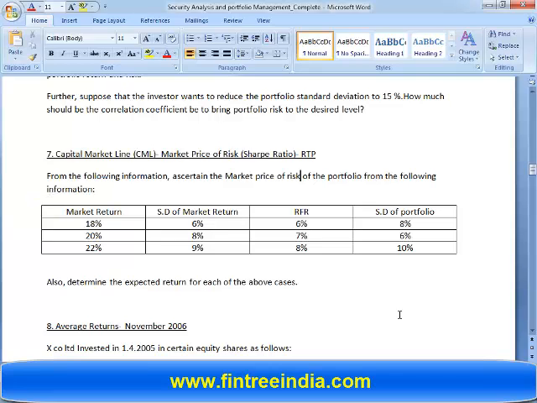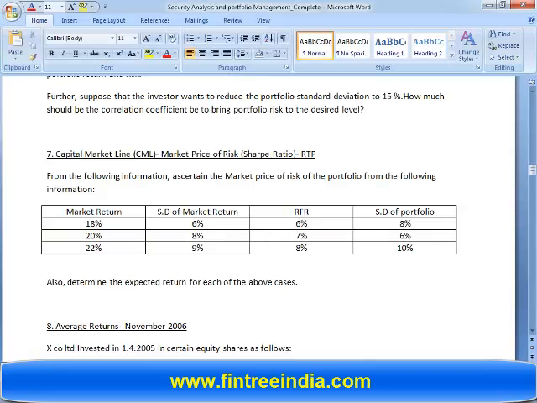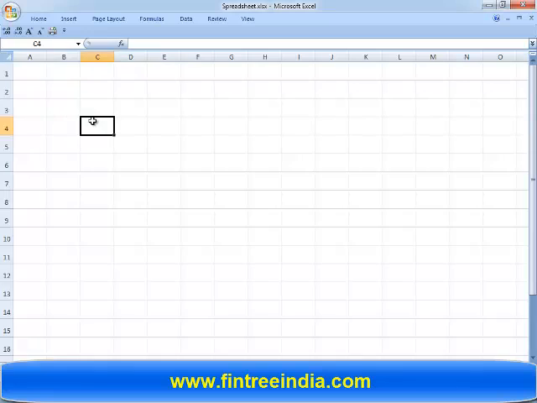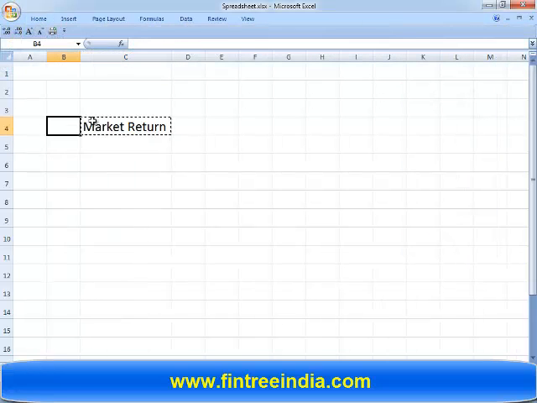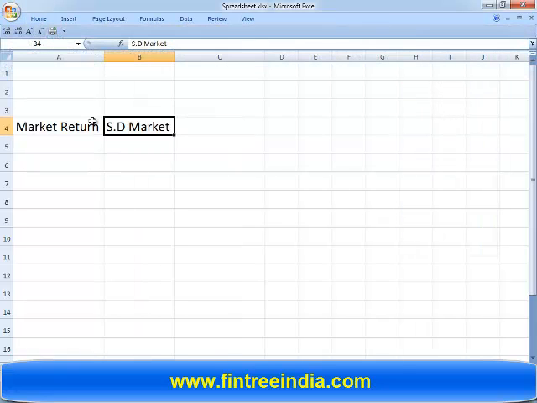We will try to solve this in the table format itself. Okay, so let's do it in this fashion. First column, market return. Second column would be standard deviation of market. We are going to need more number of columns, so save some space, or wait for me to finish. RFR, standard deviation of the portfolio.